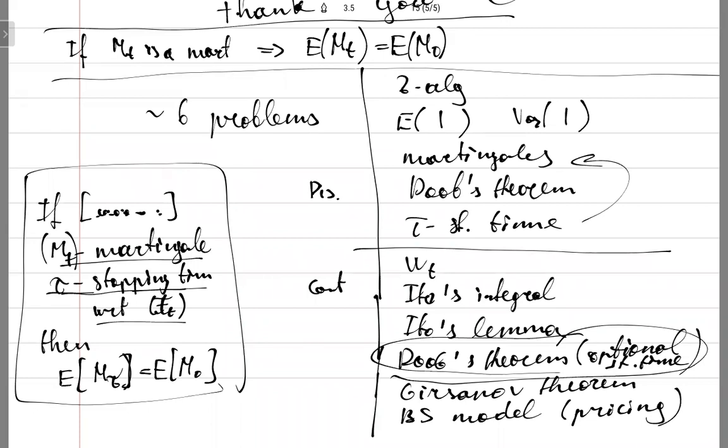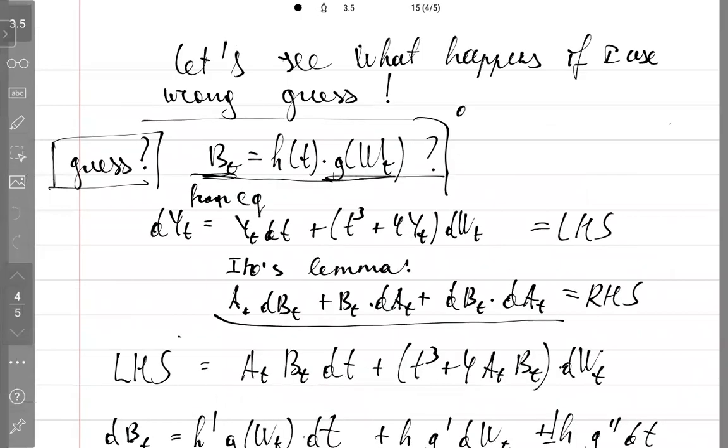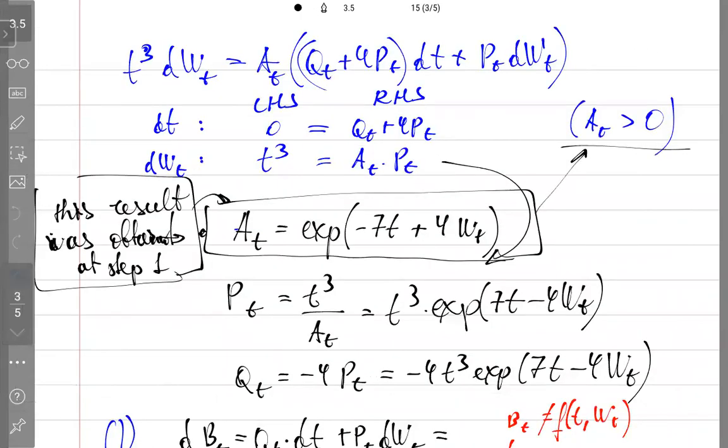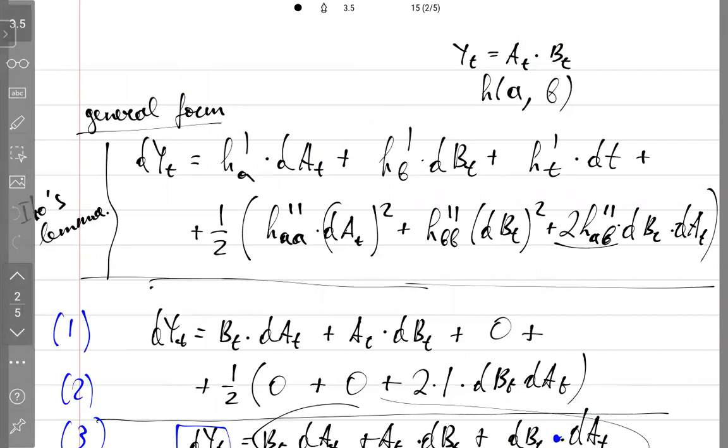Understood. Thank you very much for the explanations. I have one small question, about Ito's lemma. In today's class, we had the part which was multiplied by dt. You said according to Ito's lemma it should be equal to 0. Which part?